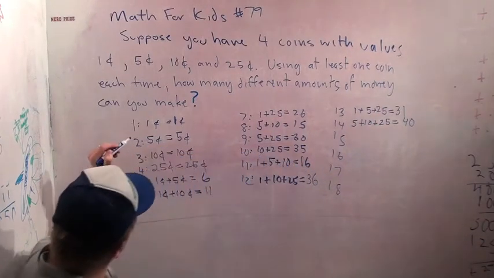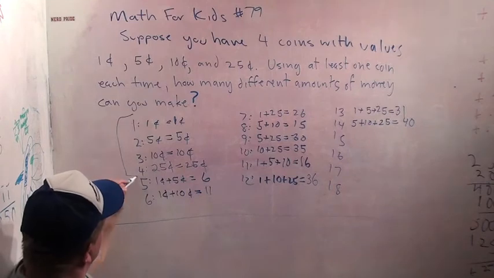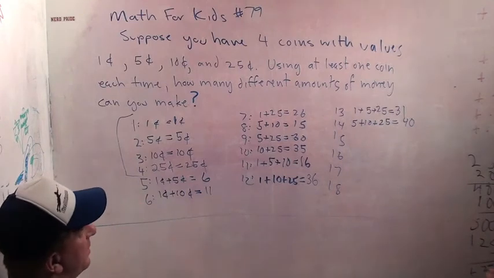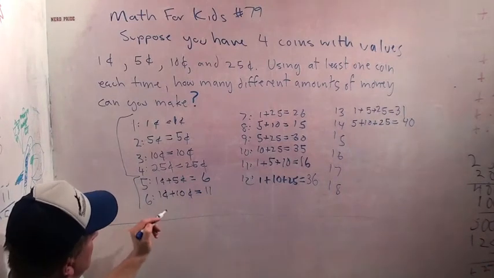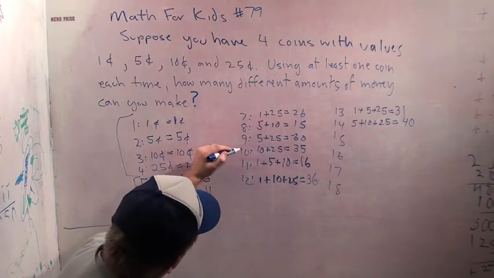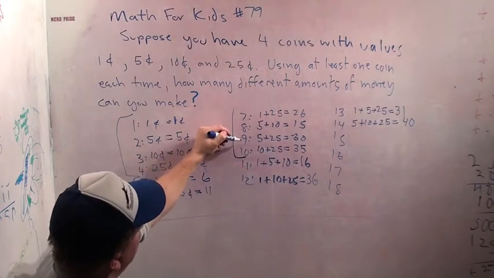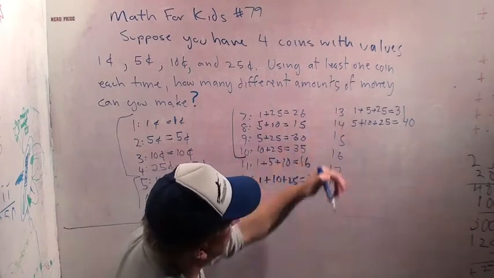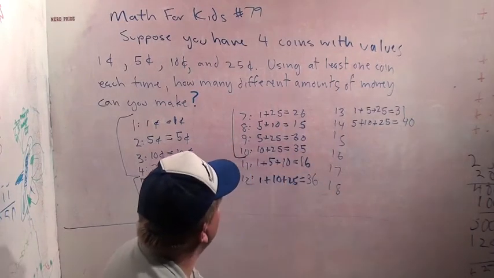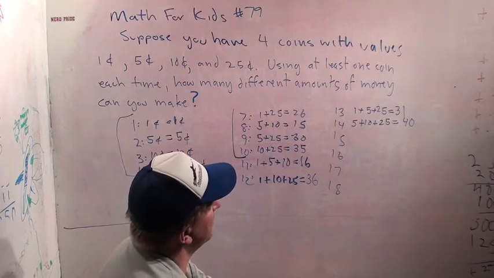Here's the interesting thing. There were 4 where we had 1 coin. There were actually 6 where we had 2: 1, 2, 3, 4, 5, 6. So far we've got 4 where we had 3. Are there any more where we use 3?